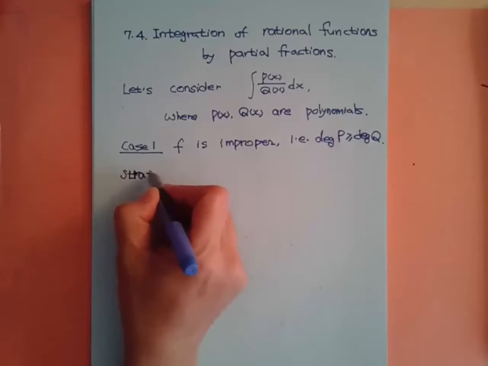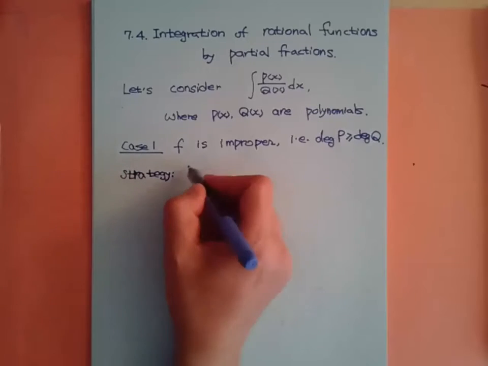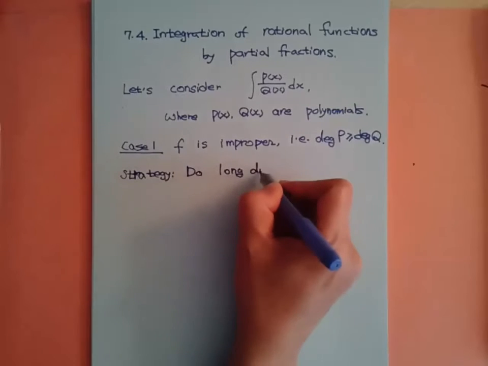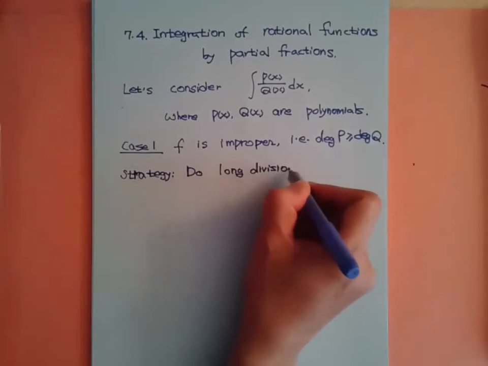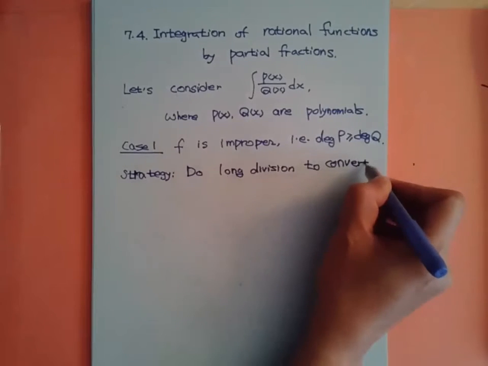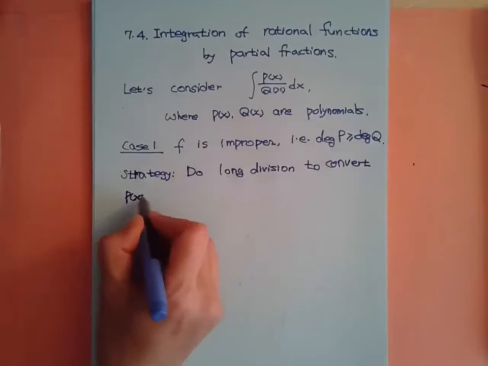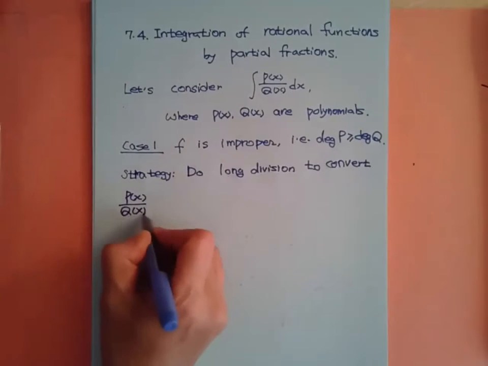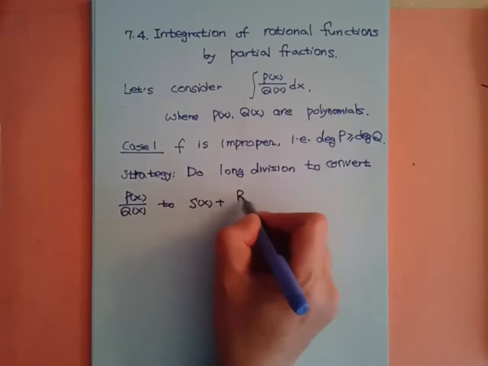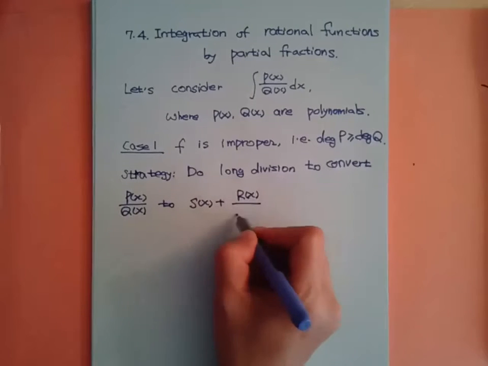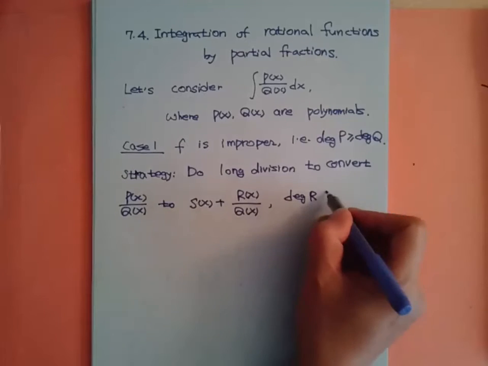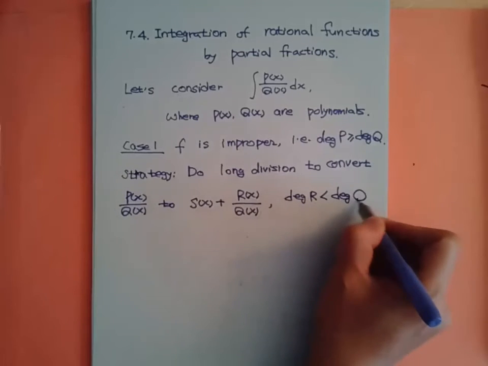So strategy, we will do long division to convert p of x over q of x to s of x plus r of x over q of x when degree of r is less than degree of q.